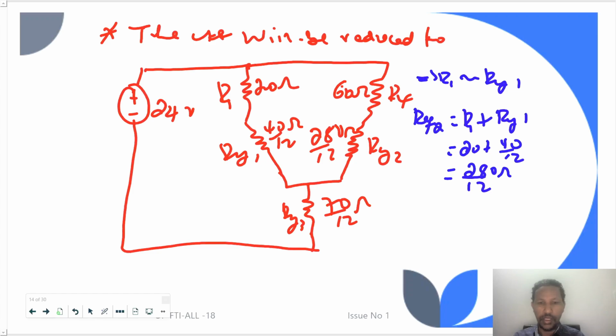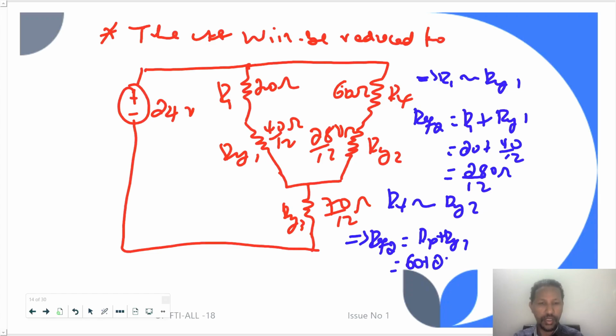The other one is R4 in series with RY2. So I can write R equivalent 3 equals R4 plus RY2, which is 60 plus 280 over 12, which is 1000 over 12 ohm.